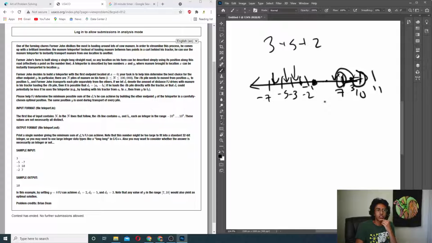Then every time you move this guy right, both of these guys get less, but this guy only gets added once. So moving it right would be good. Eventually you would move it to 10, and if you move it right one more, these two guys would increase and this guy would decrease by 1, which is not good.